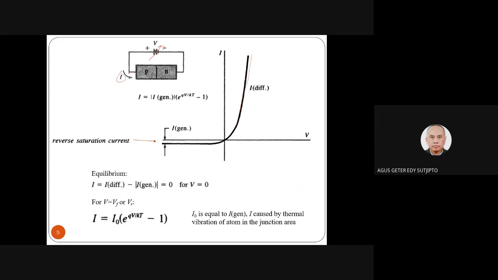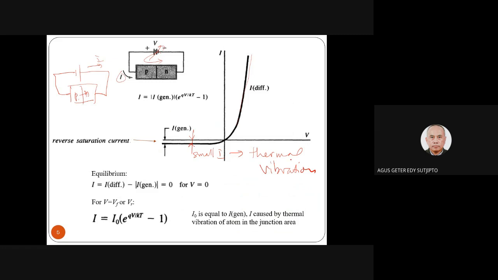On the other hand, when we change the polarity, P and N like this, there will be no current flow, but only a small current, from holes or electrons crossing the junction because of thermal vibration.